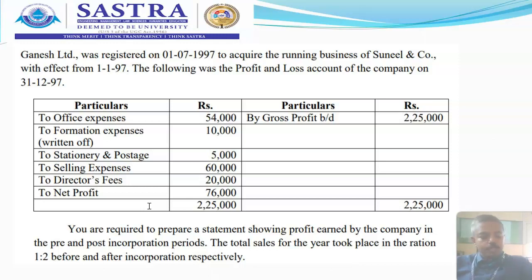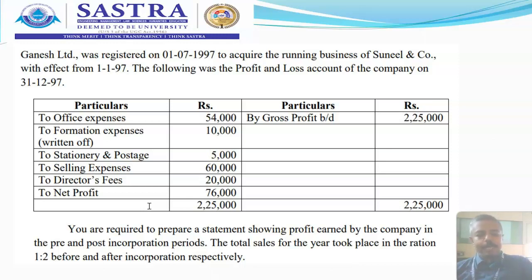So now, the first expense is office expenses. Basis, let us decide, and put up the total amount, it is 54,000, which is given in the question. So now the basis of apportionment is time ratio or sales ratio, or allocation directly to pre-incorporation, or allocation directly to post-incorporation. You can take this as a multiple choice question now also.